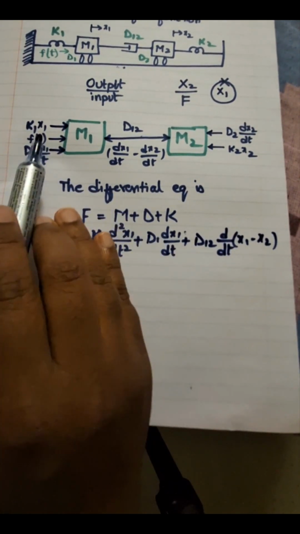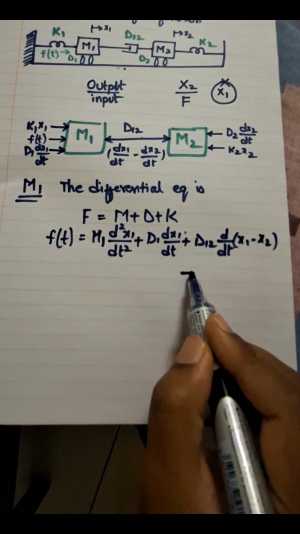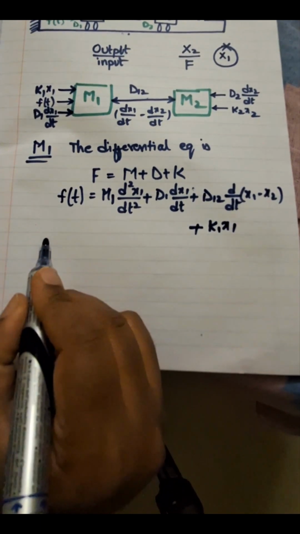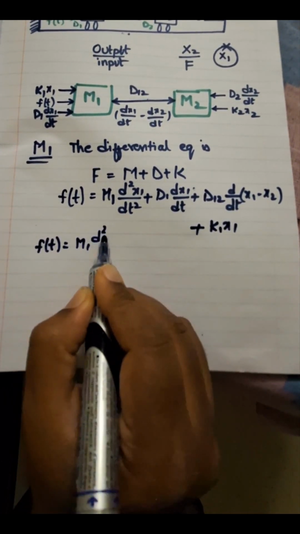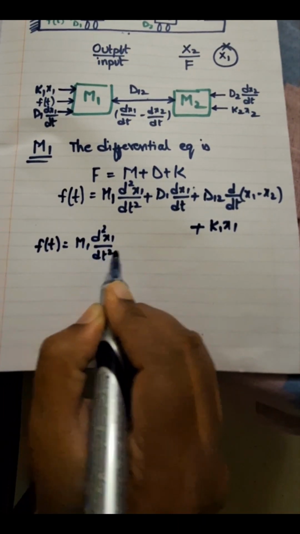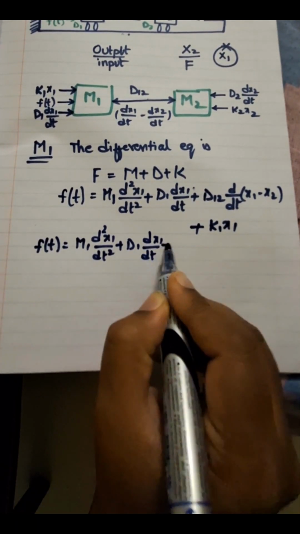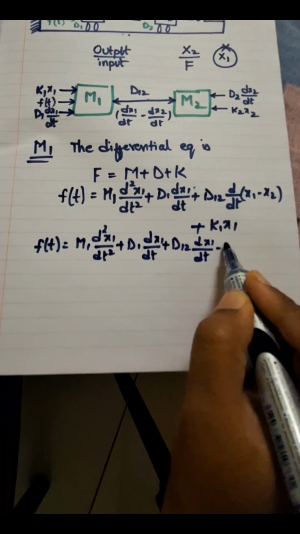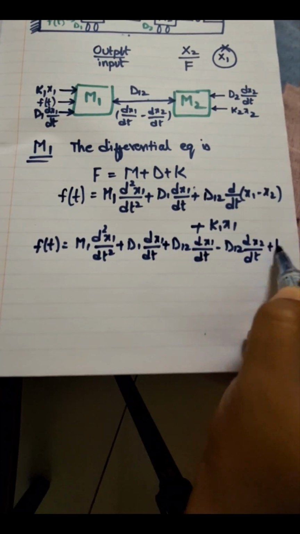So x1 minus x2. Anything else? D12 is written, D is written, F is written, K is there. So after D, K is K1, so K1 x1. So let me separate these: F of t is equal to m1 d square x1 by dt square plus d1 dx1 by dt plus d12 dx1 by dt minus d12 dx2 by dt plus k1 x1.